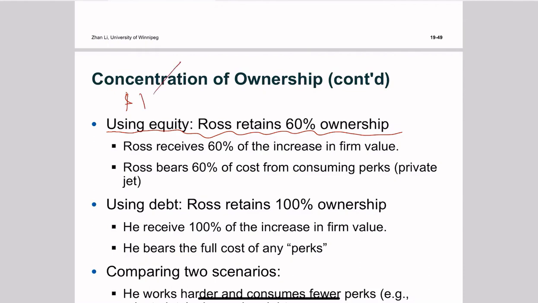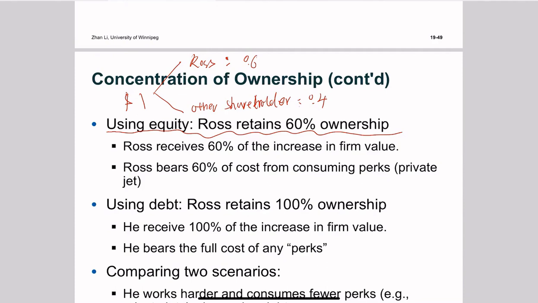This $1 will be divided by Ross and other shareholders. Essentially, Ross has 60% ownership, so Ross will get $0.6, and other shareholders will get $0.4. Now, this is about value or the gain. So if the firm's value increases by $1, Ross will get $0.6.